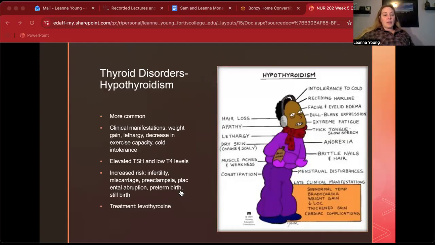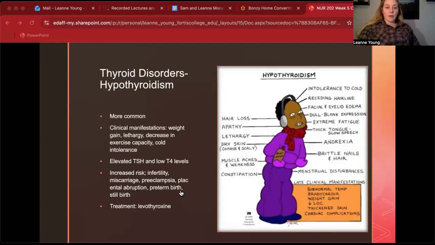These patients have an increased risk of infertility, miscarriage, preeclampsia, placental abruption, preterm birth, and stillbirth. So they need to make sure that they're getting their thyroid levels checked pretty routinely throughout their pregnancy. Typically, OBs want their patients checked every 4 weeks in pregnancy, if not every trimester during the pregnancy.